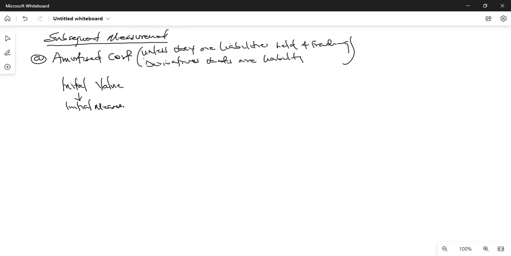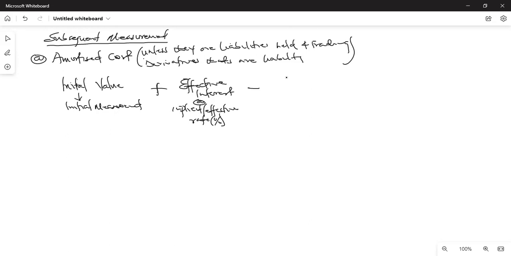Then you add your effective interest, the interest that you will be paying. Then you less what? Interest paid. So this interest is actually at the implicit or effective rate, so the discount factor or the interest rate factor is the effective rate on it.